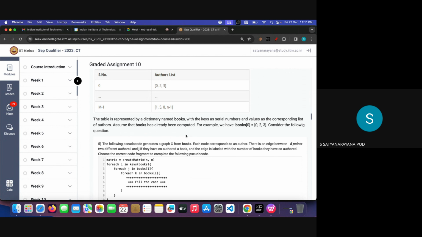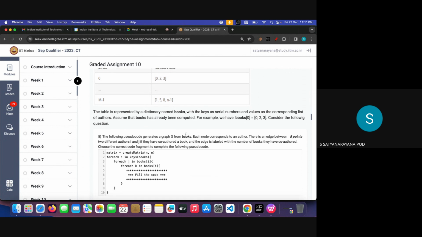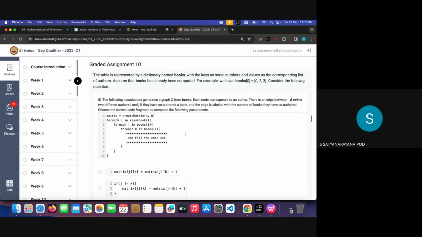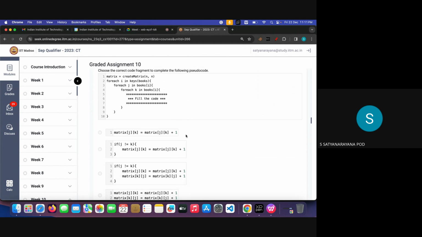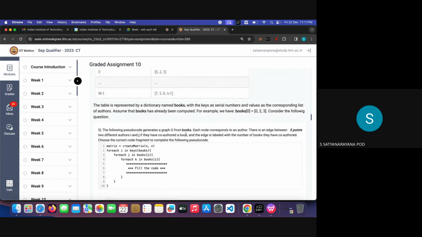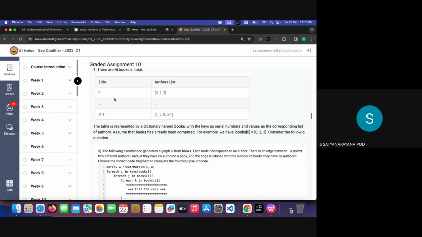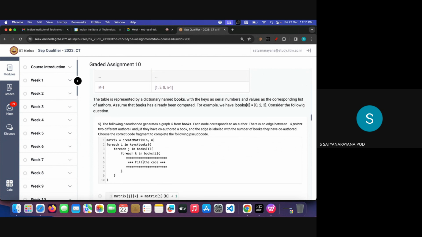I think it requires some more thing. So I not equal to J, J not equal to K: outer loop, inner loop, and sub inner loop are given. They are taking the keys of the books, which means definitely 0, 1, 2, up to m minus 1.